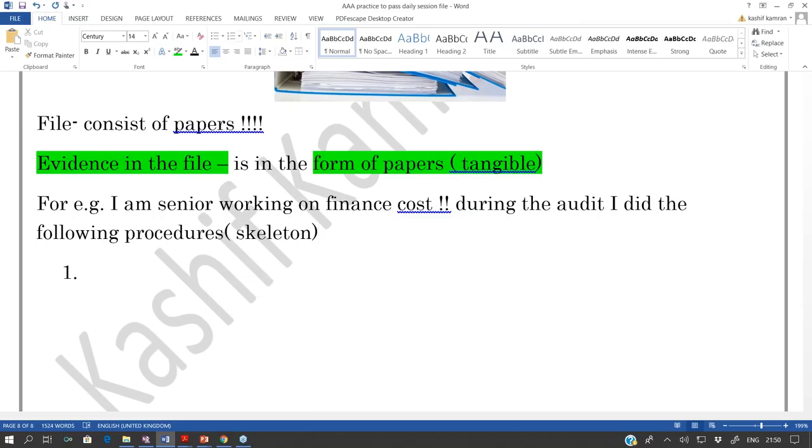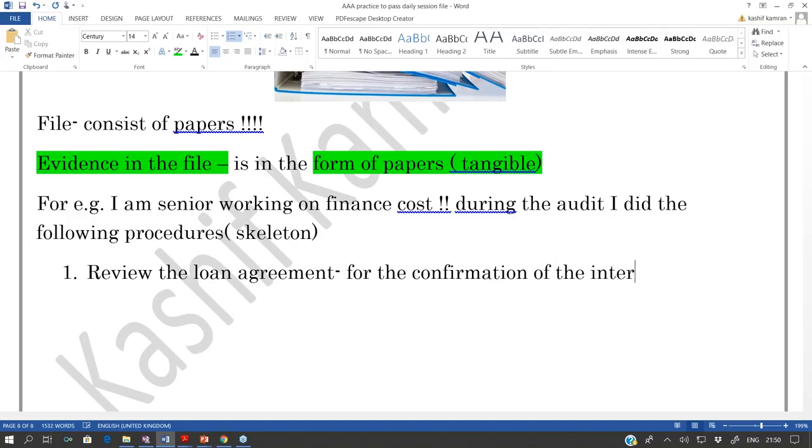Now, I must have done the following procedures on the finance cost. Number one, I must have reviewed the loan agreement for the confirmation of the interest rate.